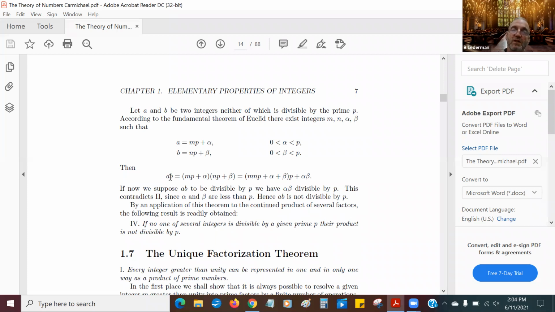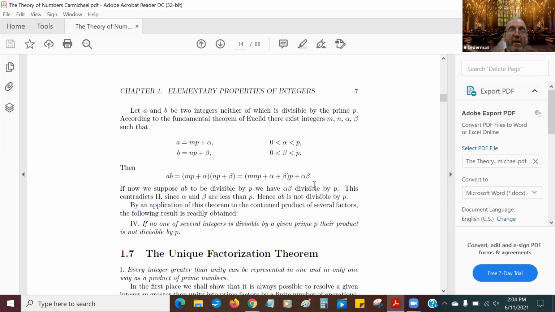When I multiply the left sides, I just get ab. When I multiply the right sides, I get this whole mess, which I have to FOIL out, regroup, and factor out a p, and we get a whole bunch of junk times p, plus alpha beta. So ab is equal to a whole bunch of junk times p plus alpha beta.